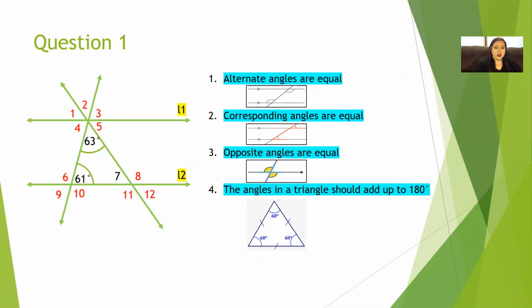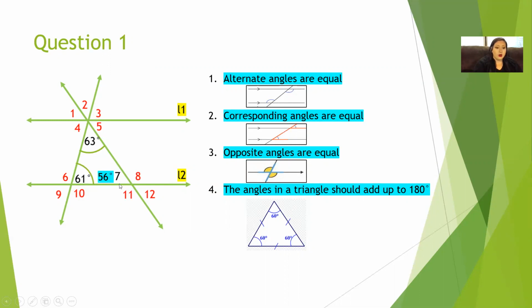If we add 63 and 61 and subtract that from 180, we get 56. We know that the angles in a triangle should all add up to 180 degrees, so now we've got our angle number 7, because we added these two and subtracted from 180.